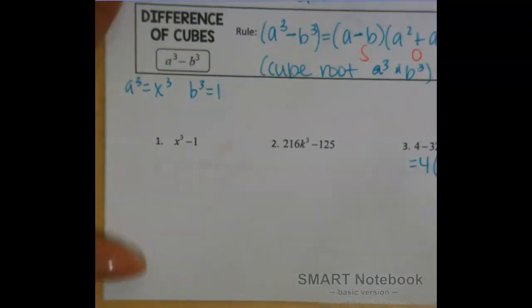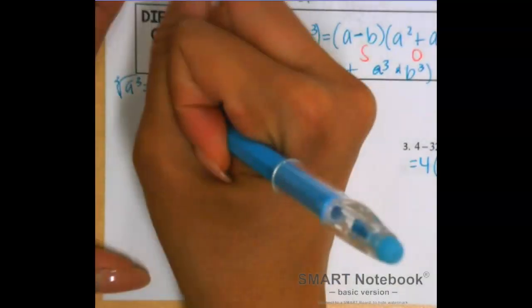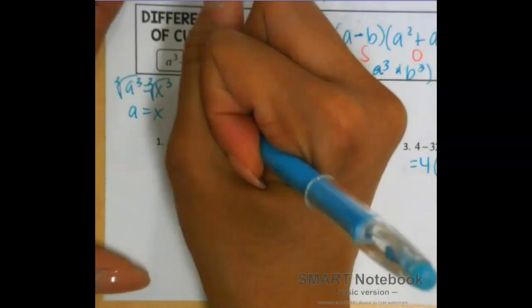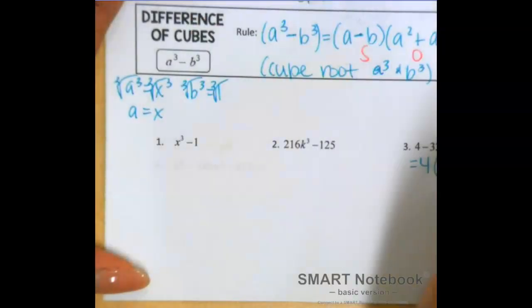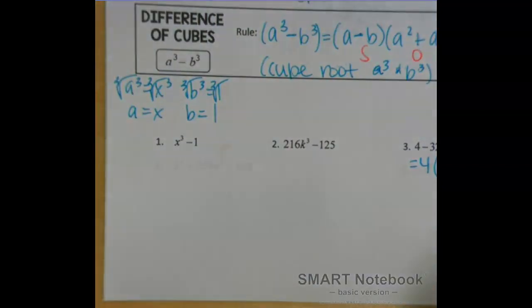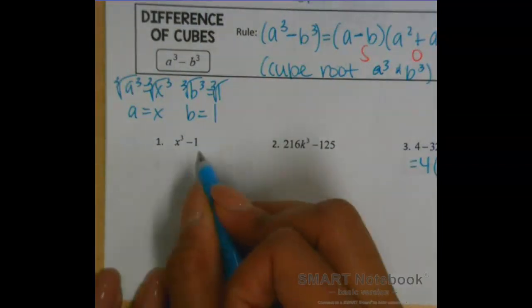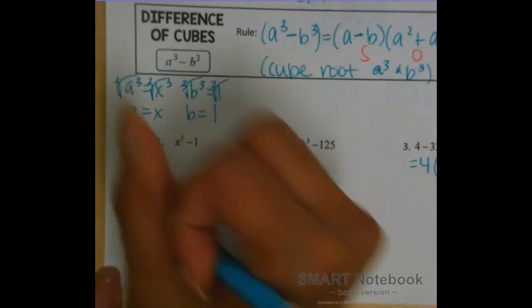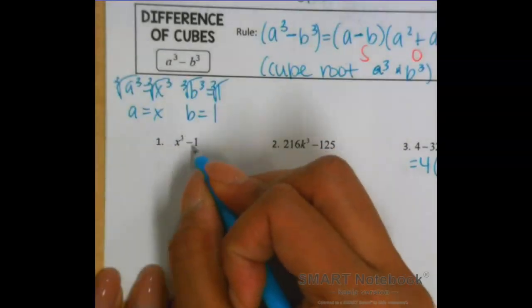All right, so from here, I'm going to take the cube root. So A is going to equal x, and I'm going to take the cube root of B. The cube root there is 1. Remember, we didn't factor out a GCF, so I don't need to worry about putting in a number in front of your answer. So here's going to be my final answer for x cubed minus 1.